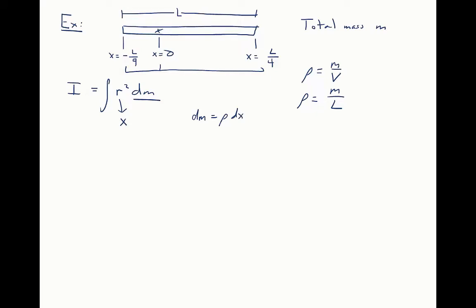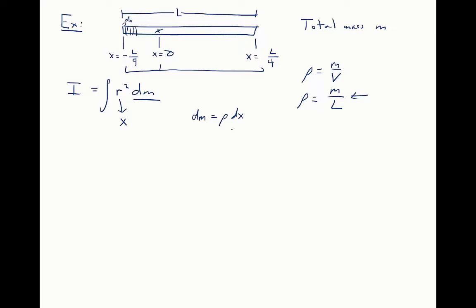Here's a good way of thinking about it. dm is the infinitesimal mass at every little point. We're chopping up this bar into infinitesimal mass pieces. So the mass of each little piece of bar is the line density, which is m over L, multiplied by the infinitesimal length of this little bit right here. So that's dx.